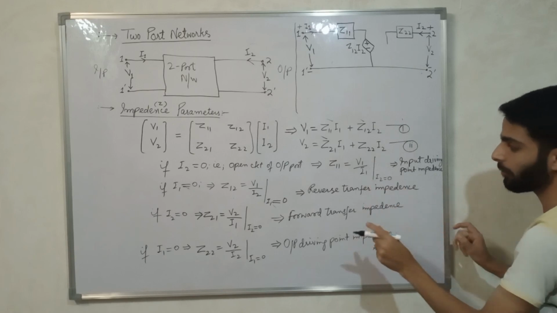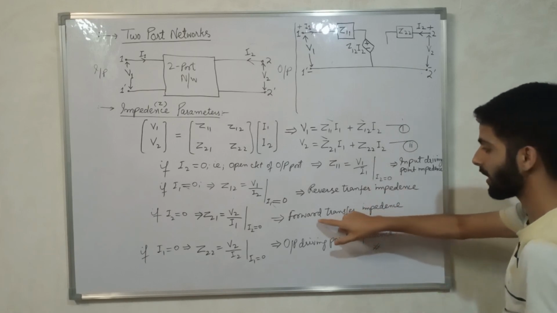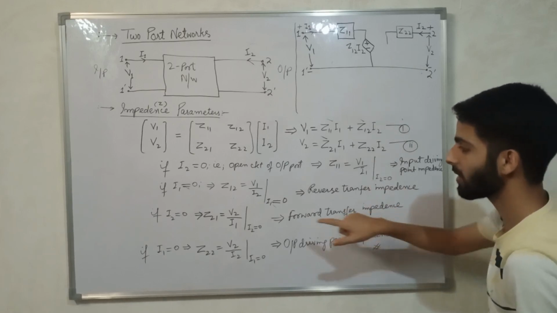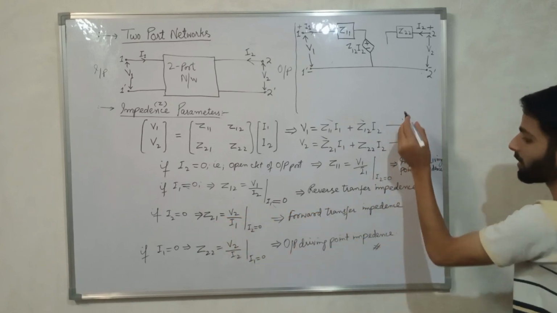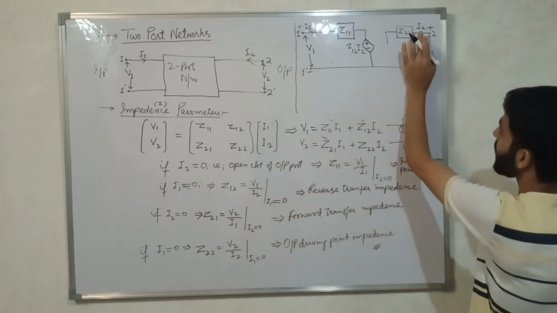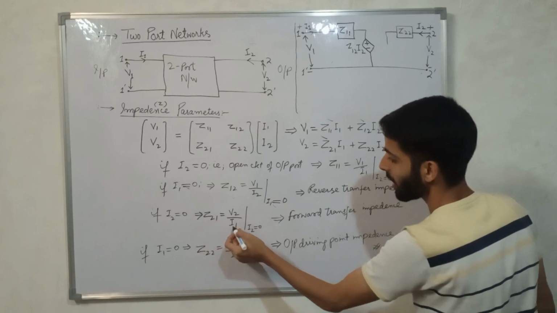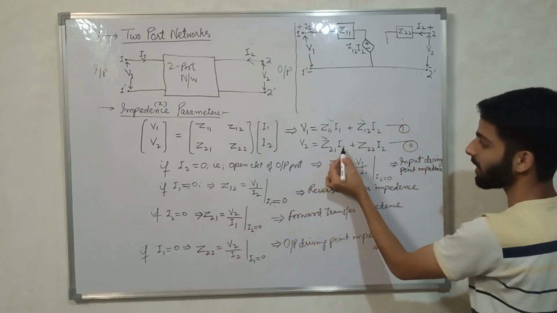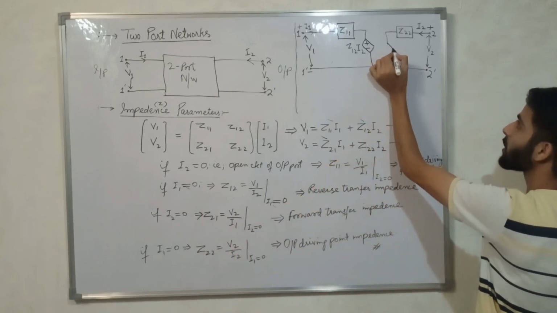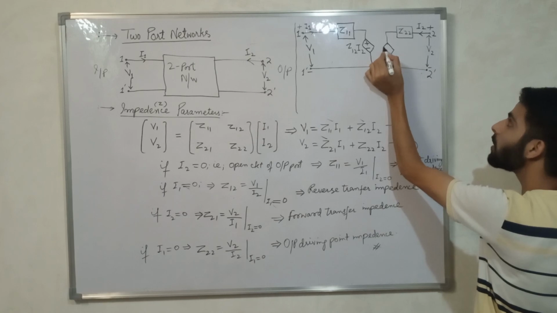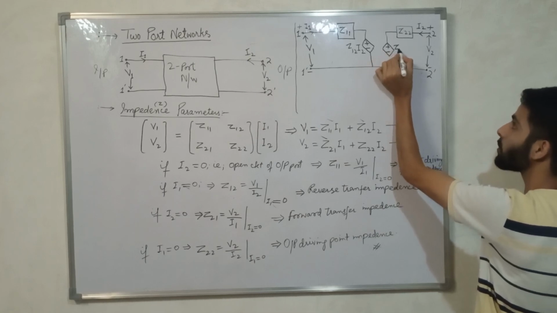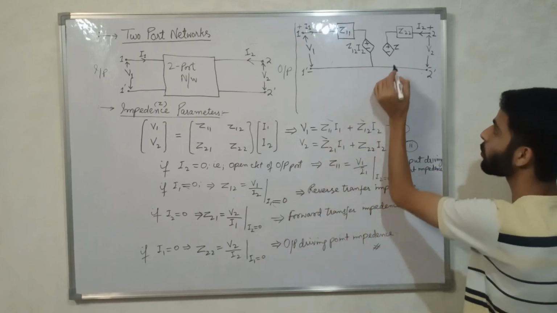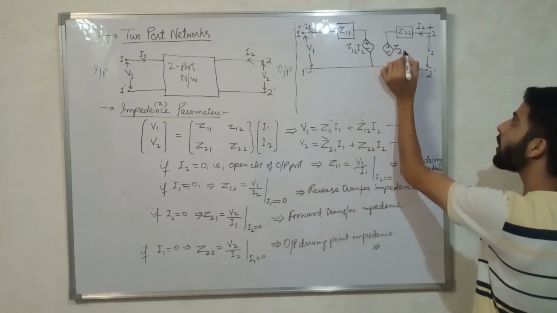The other parameter will again become a voltage source, that is forward transfer impedance Z21. Z21 requires current I1, so we'll write a voltage source, plus and minus, Z21 I1.